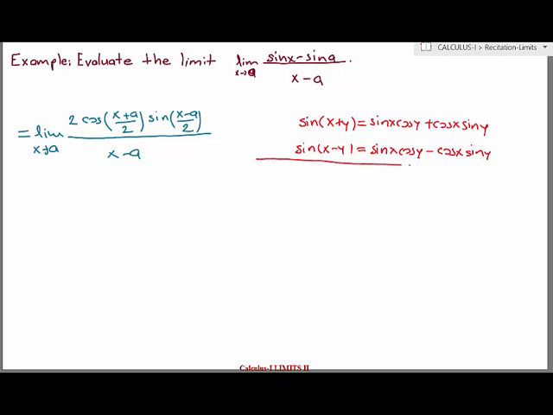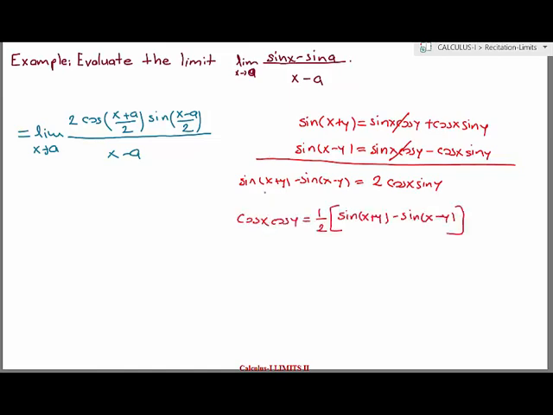By these two equations, we have sine x plus y minus sine of x minus y is equal to, we cancel these two terms, 2 times cosine x times sine y. If we substitute this expression, we have this equality.